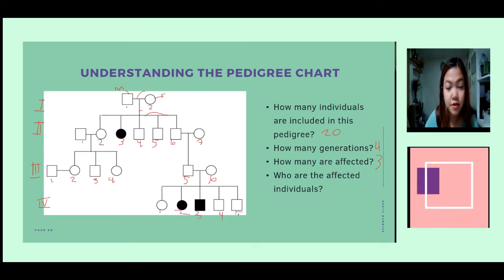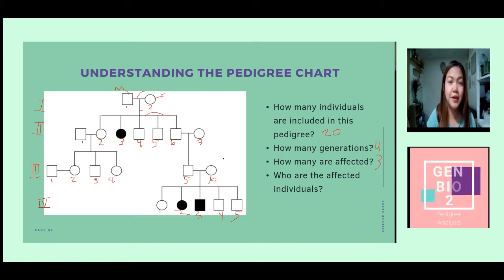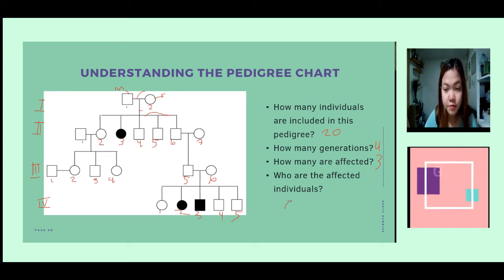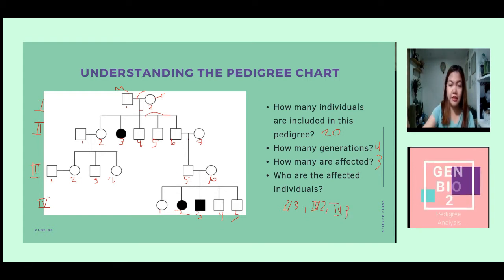Okay, so for the affected individuals, those are in generation 1, generation 3, and so on. So these are the affected individuals.